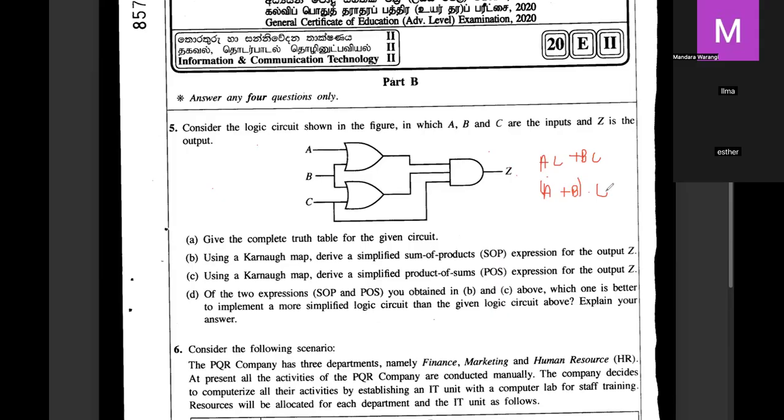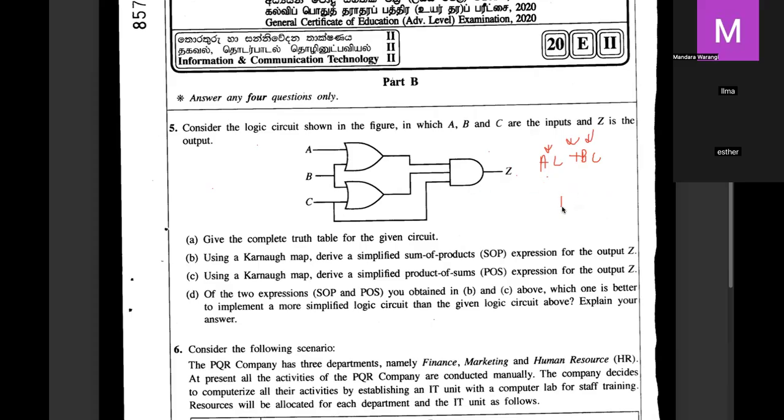The POS expression. Why? Because fewer logic gates are used. Yeah, you're correct. If you implement SOP, you have to use an AND gate, then an OR gate, and again an AND gate. Here, only an OR gate and an AND gate. So POS is easier than SOP.